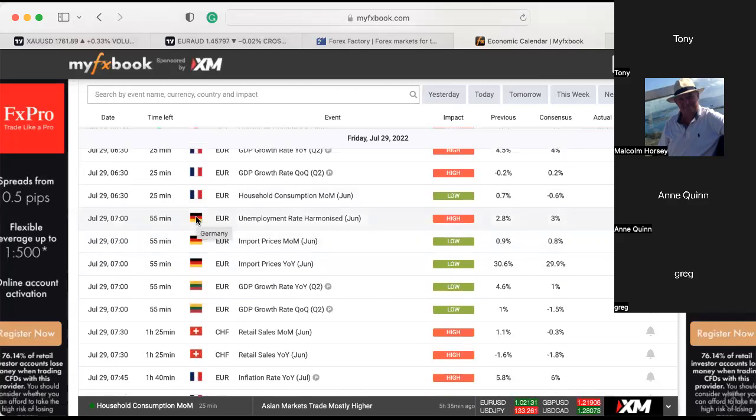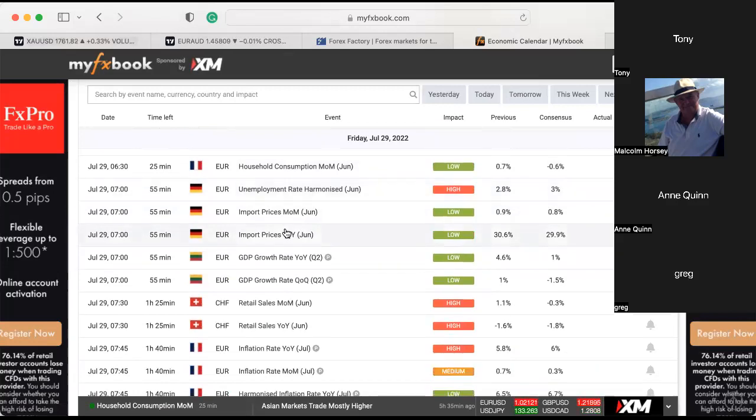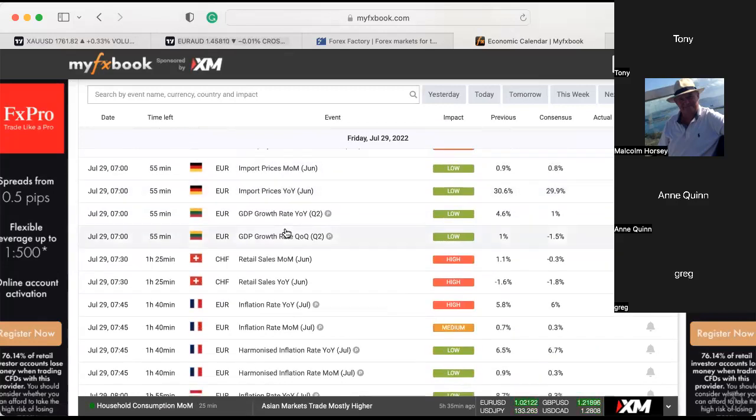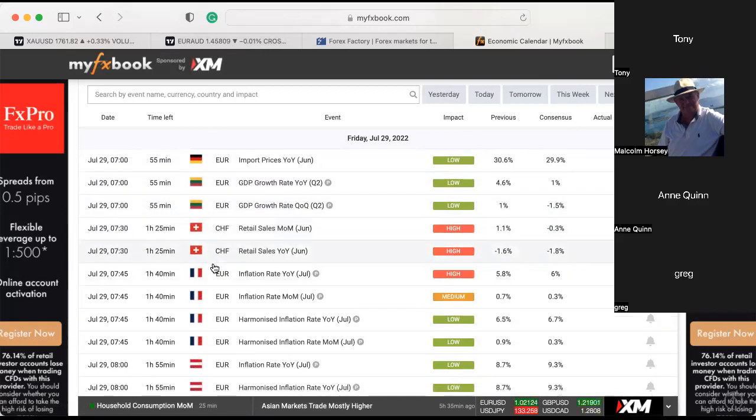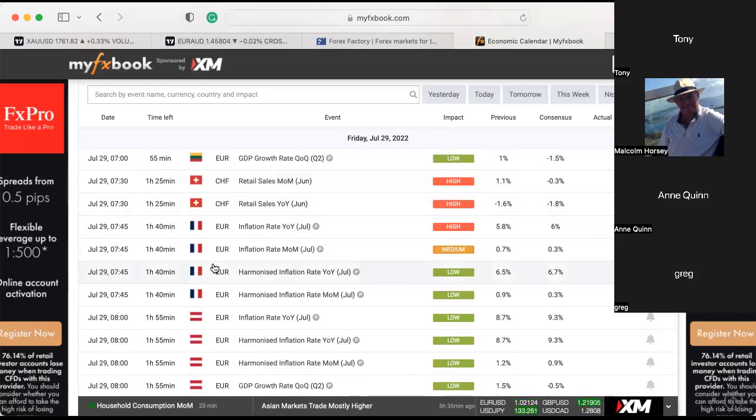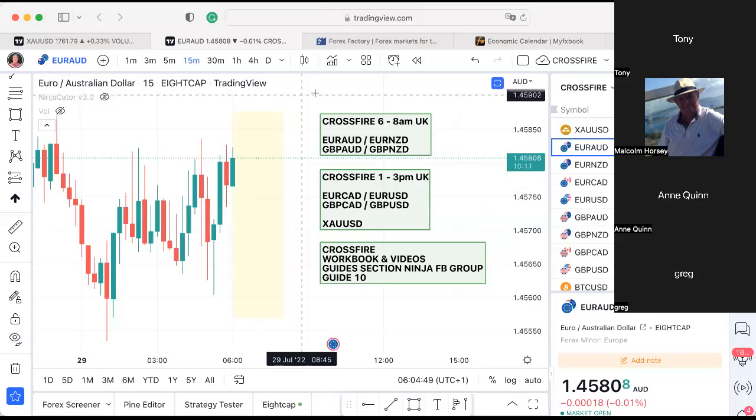That's Germany unemployment rate. So the fact that there's quite a lot of individual countries with varying degrees of news may just rattle. Well, what it's more likely to do is to give the institutions an excuse to hide their manipulation. So we need to be aware of that.